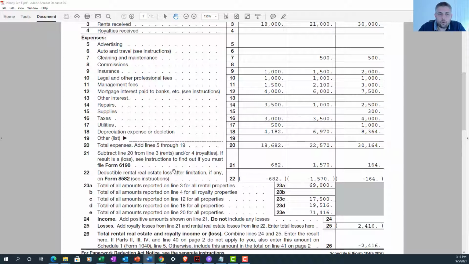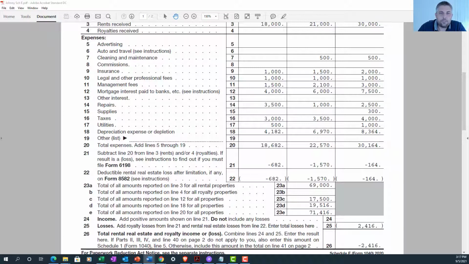If all amounts are at risk, then you determine whether or not your losses are limited by the passive activity loss rules. Your at-risk limitations are reported on Form 6198, and the passive activity losses are reported on Form 8582.